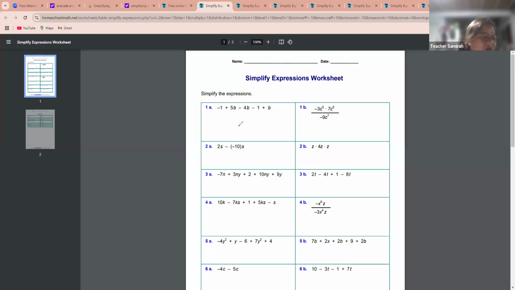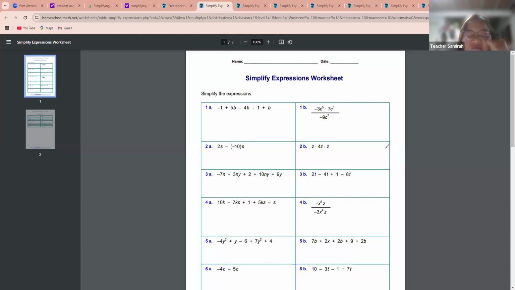Give me your answer. Okay, I saw a answer: negative 1 plus negative 1 is 0. Okay, look at this. They have the same integer. We are going to add two same sign integers.